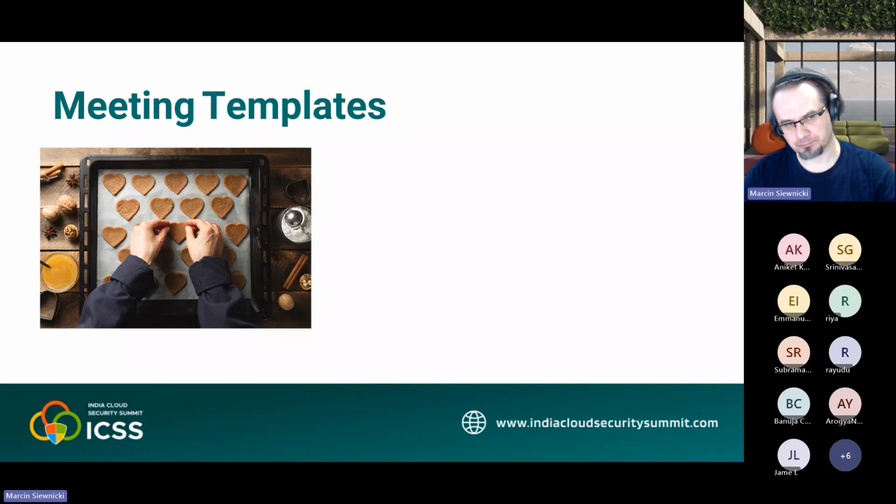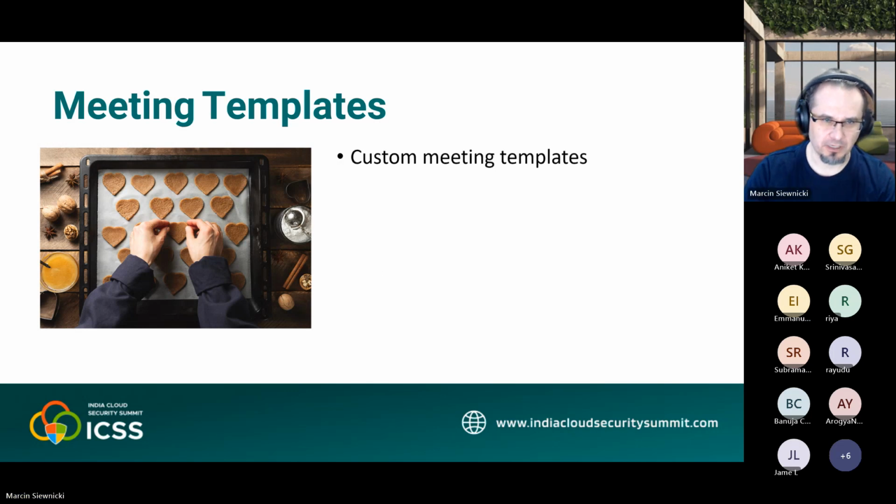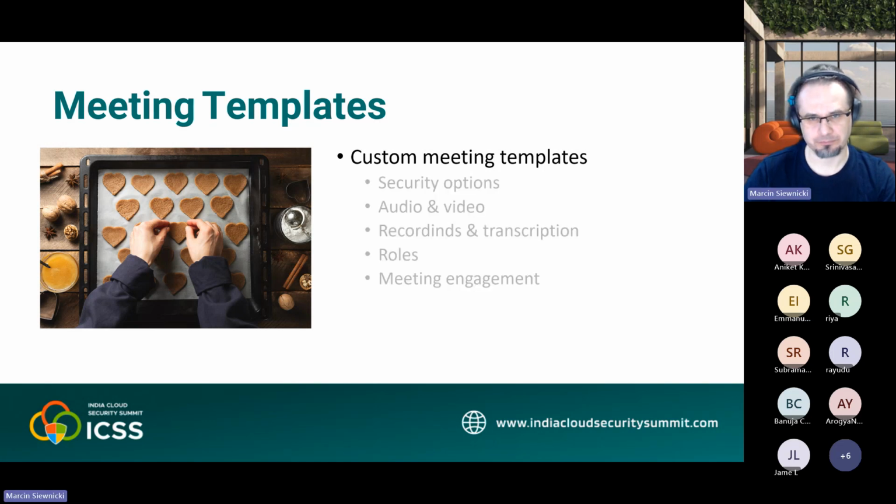And templates. This is a very basic feature, I think, and it should have been enabled by default in Teams for many years, but it was enabled this year. So you can create custom meeting templates. Those templates will be available for your users directly in Calendar.